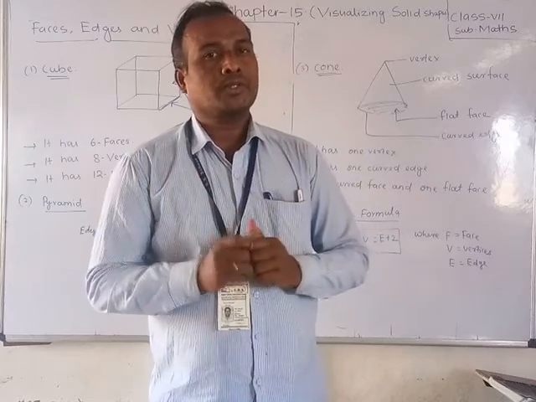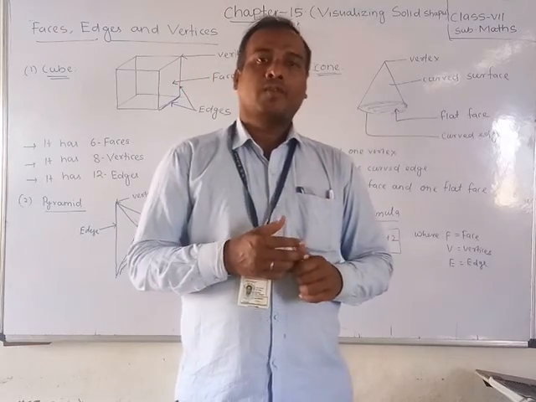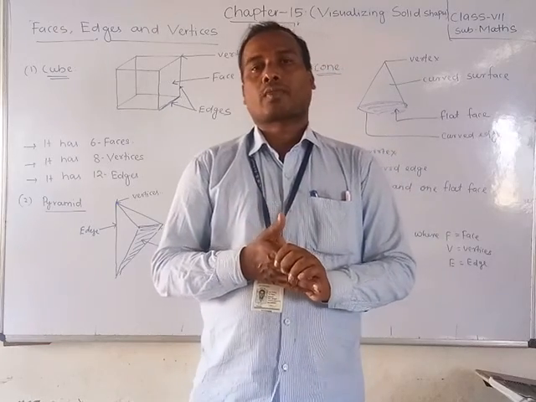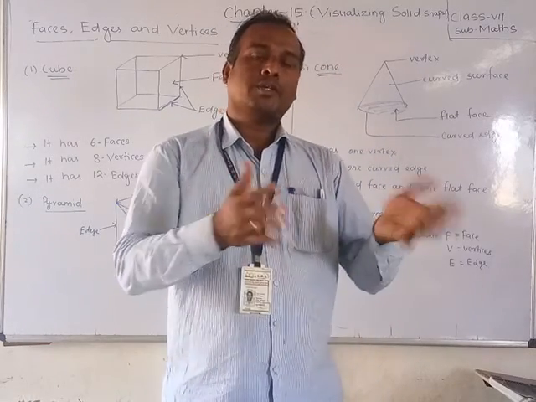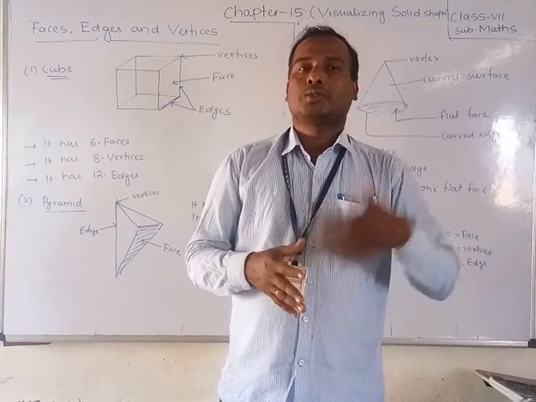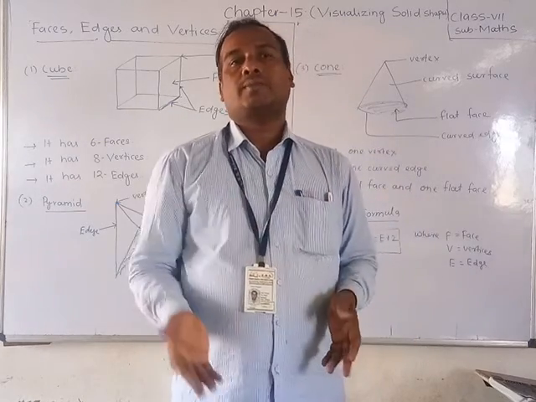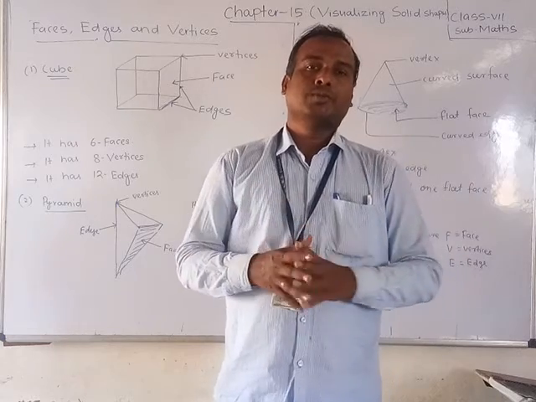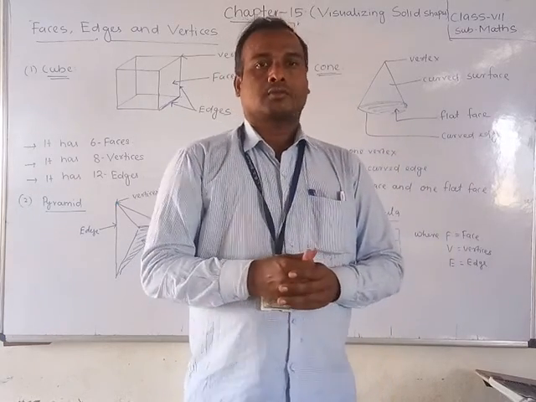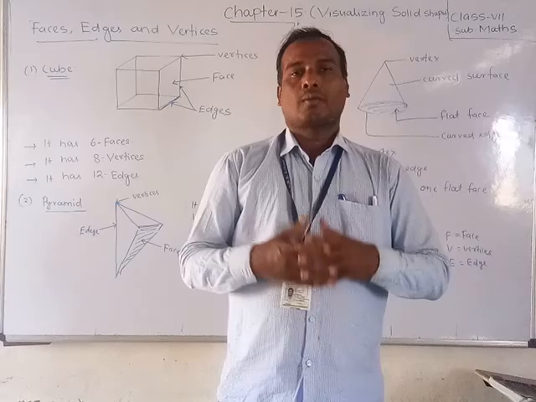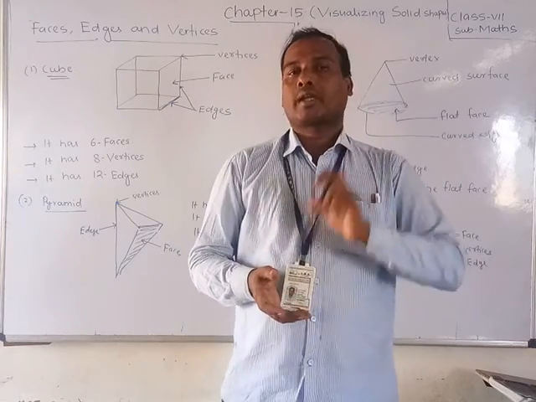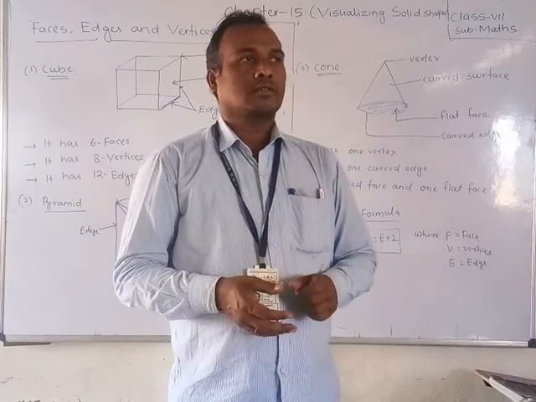Students, today we are going to continue our 15th chapter, that is visualizing solid shapes. In the previous video we have already learned the different 2D shapes, 2D figures and 3D figures, that is the solid figures. But today we are going to identify the different parts of the solid figures, that is faces, edges and vertices.